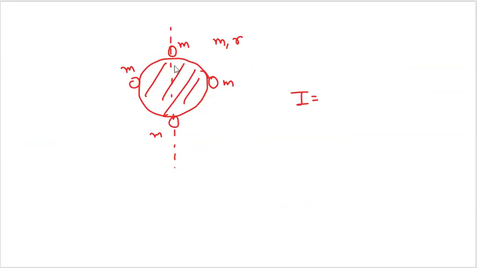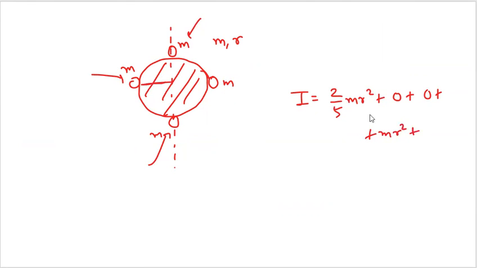Since the axis is passing through the center of the solid sphere, the inertia for the sphere will be 2 by 5 mr square. For this mass, it is on the axis only, so inertia will be 0. For the mass below also the inertia will be 0. This mass is at a distance r from the axis, so inertia will be mr square. And this mass is also at a distance r from the axis, so inertia will be mr square. You have to add all of them to calculate the total moment of inertia. So this is how you have to calculate moment of inertia.